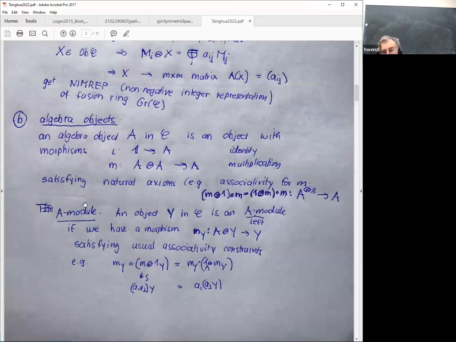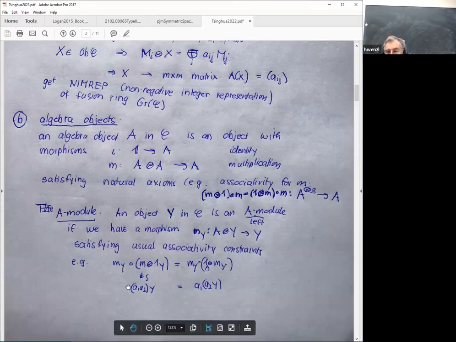Similarly, we can define an A module, which is just an object Y in C, for which we can define an A action on it. And the A action is given again by a morphism from A tensor Y to Y, which again satisfies the usual associativity constraints.